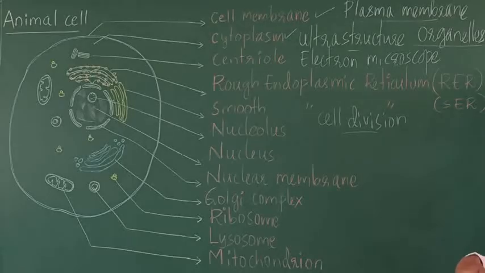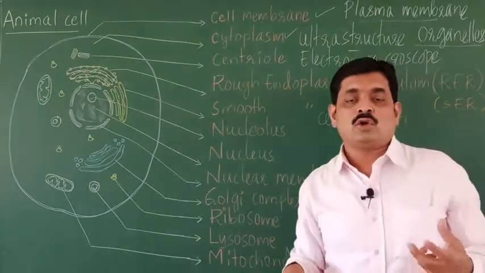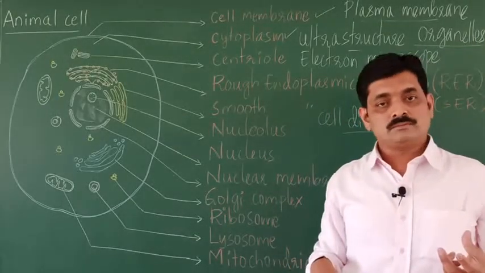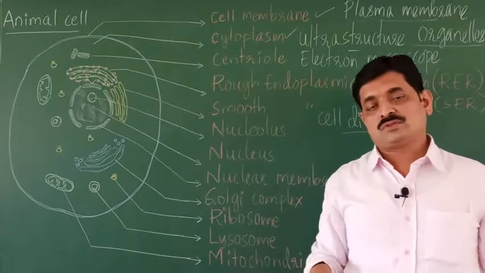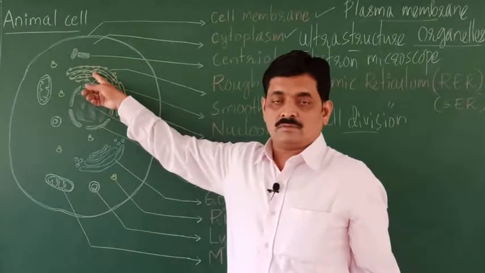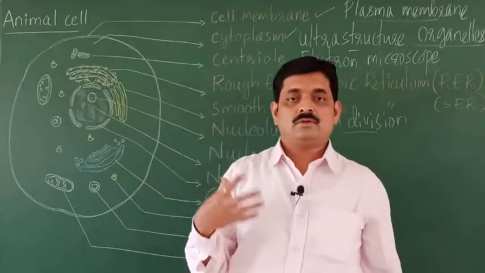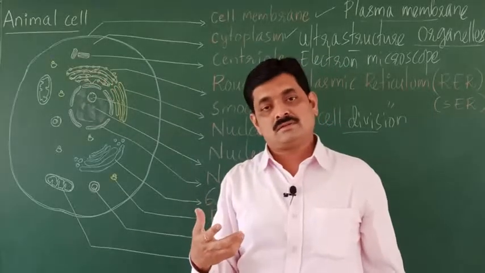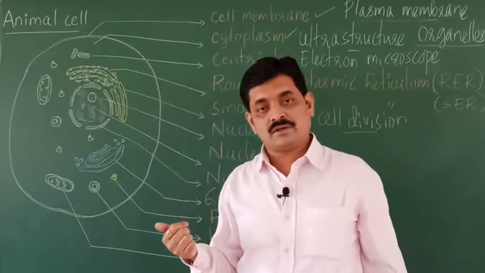So why is it classified as rough and smooth? That is mainly due to another cell organelle called ribosome, plural ribosomes. Ribosomes are present on this endoplasmic reticulum. These ribosomal particles are attached to the outer surface of the endoplasmic reticulum.